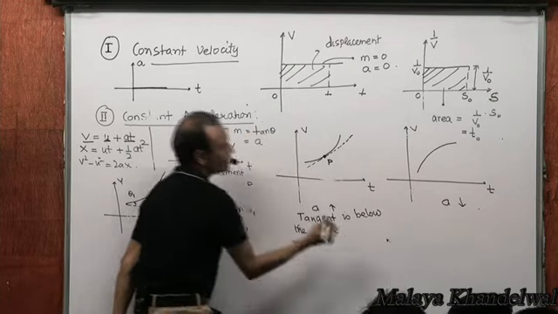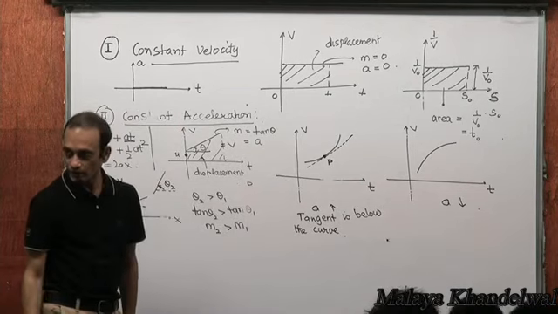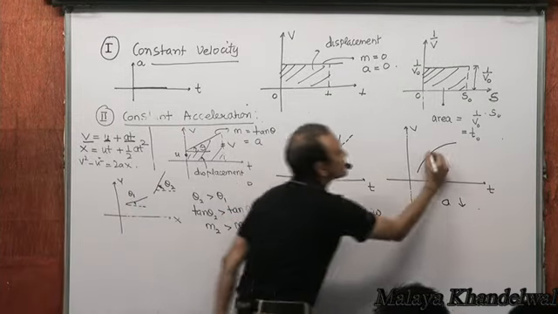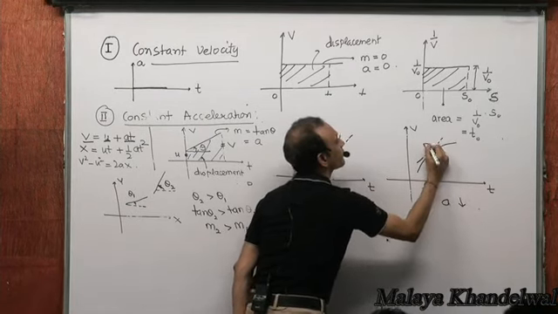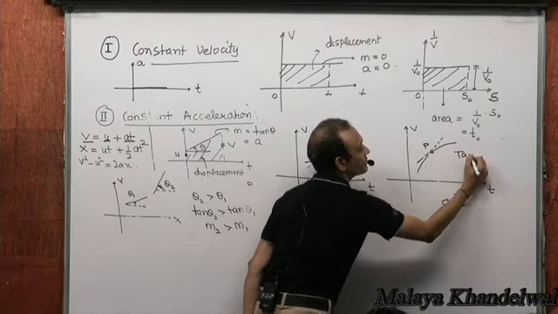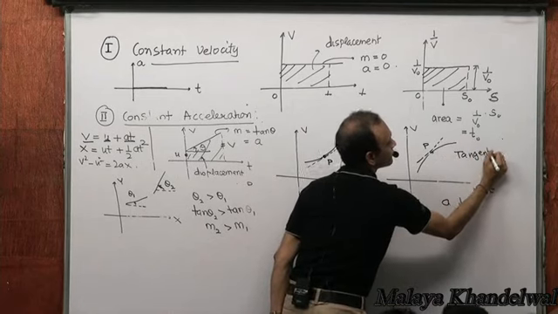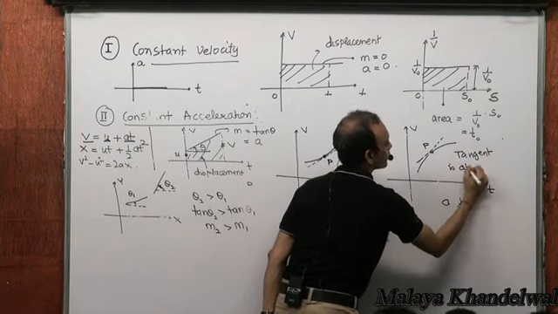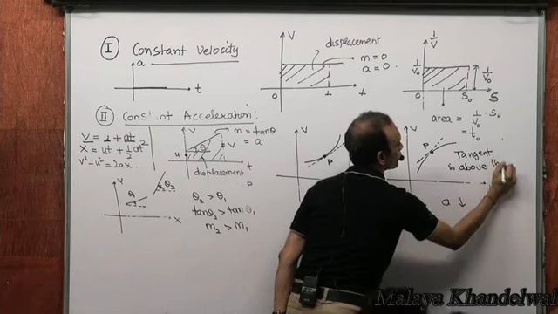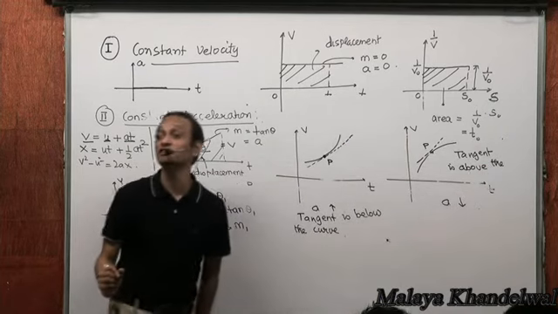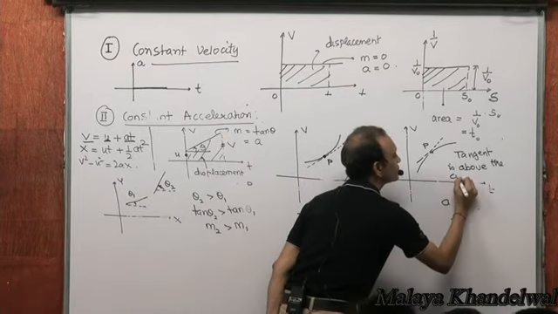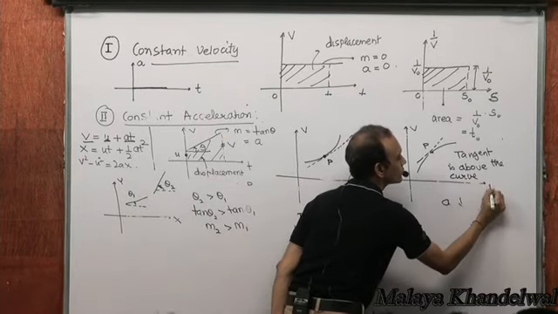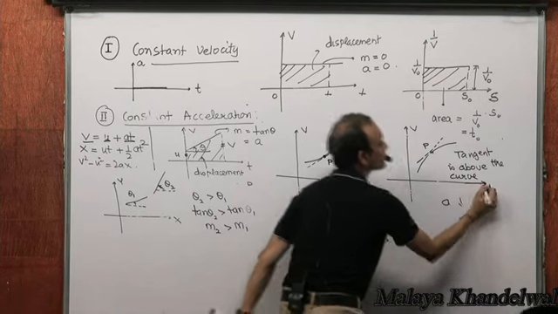Whereas in this case, if you draw a tangent at any point, the tangent is above the curve. In both cases, the slope of the tangent represents the acceleration at that instant.